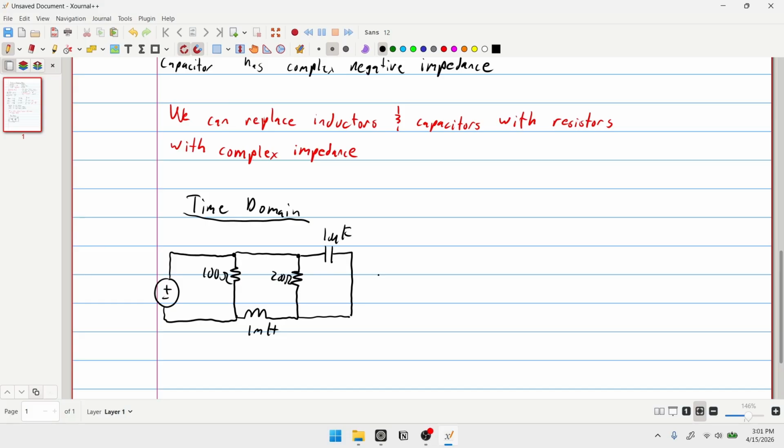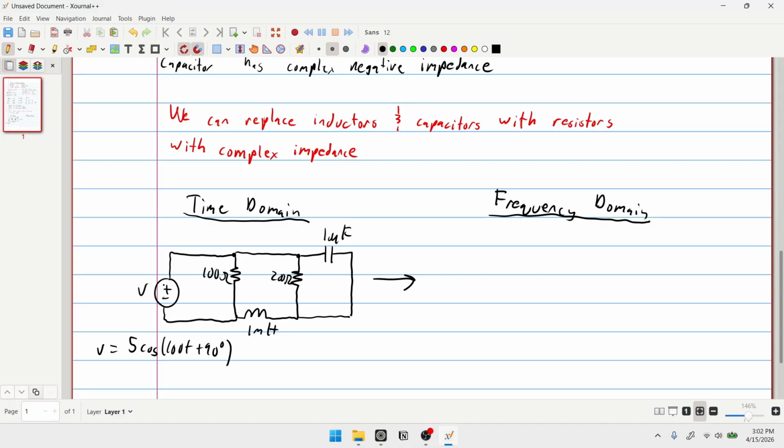So when we move to the frequency domain, let's say V equals 5 cosine 100t plus 90 degrees.